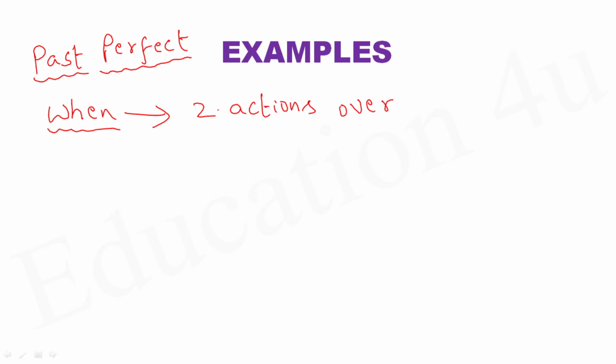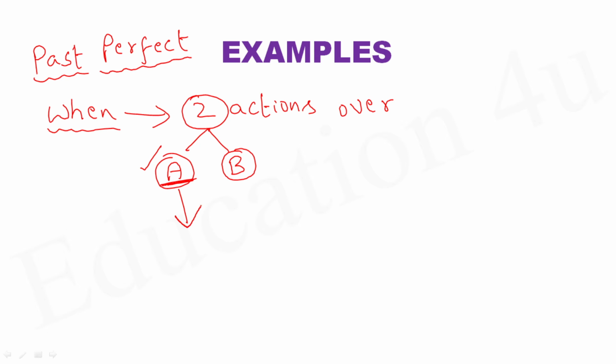Now, imagine action A and action B. Out of these two actions, one of the two actions should happen first, correct? Now, let us assume A action happened first. And after A happened, then B happened.